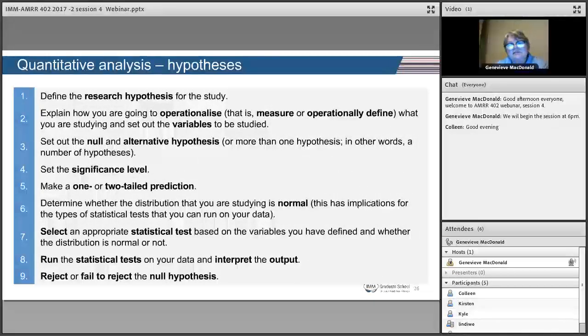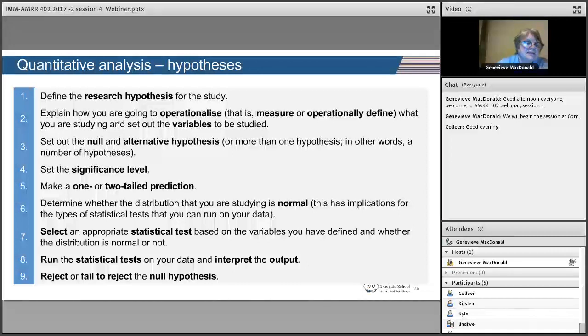Okay, quantitative analysis, when you do inferential statistics, you will be setting hypotheses. Now, I'm sure that you have done this in your research theory previously, where you actually then set a null and an alternative hypothesis.